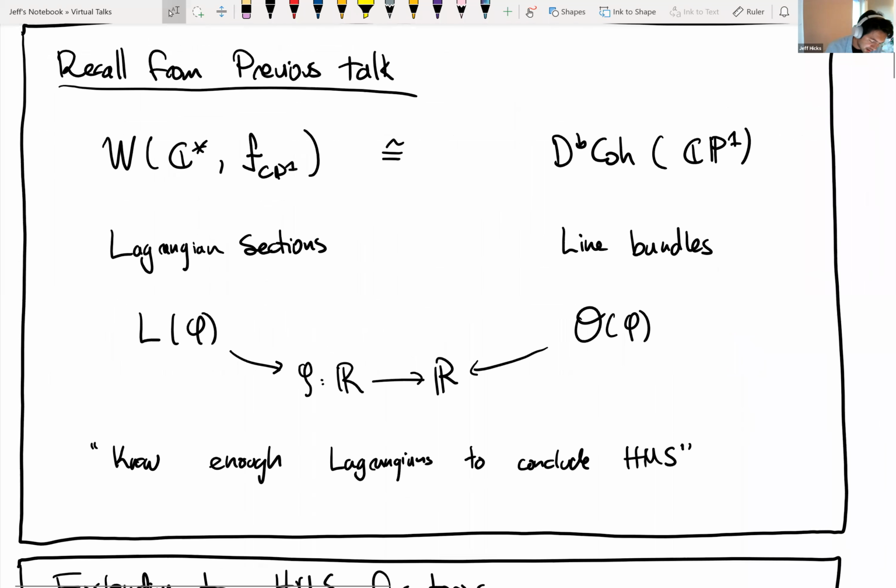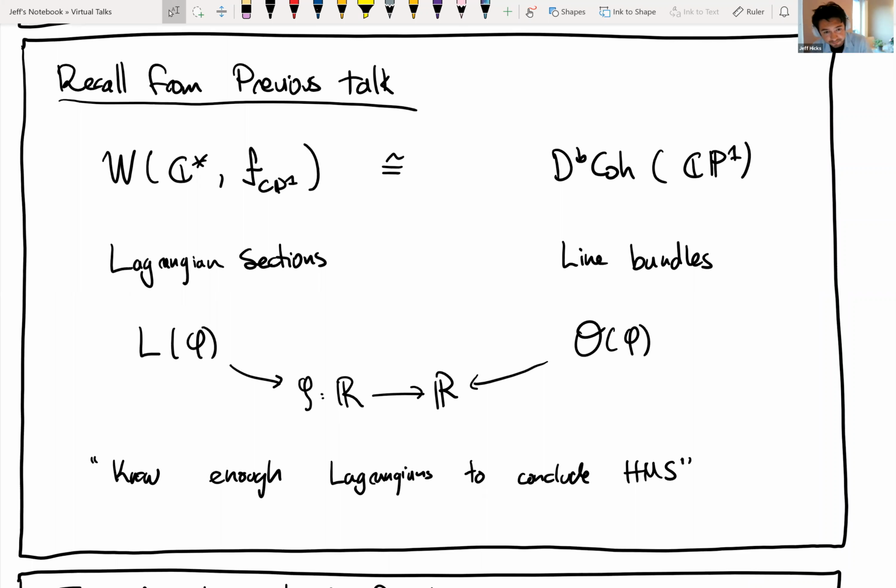Okay, so from the previous talk, we had the following setup: we were looking at the derived category of coherent sheaves on CP1 and comparing that to the partially wrapped Fukaya category for C star, where I had the data of this stop F, which was 2 points on the boundary.